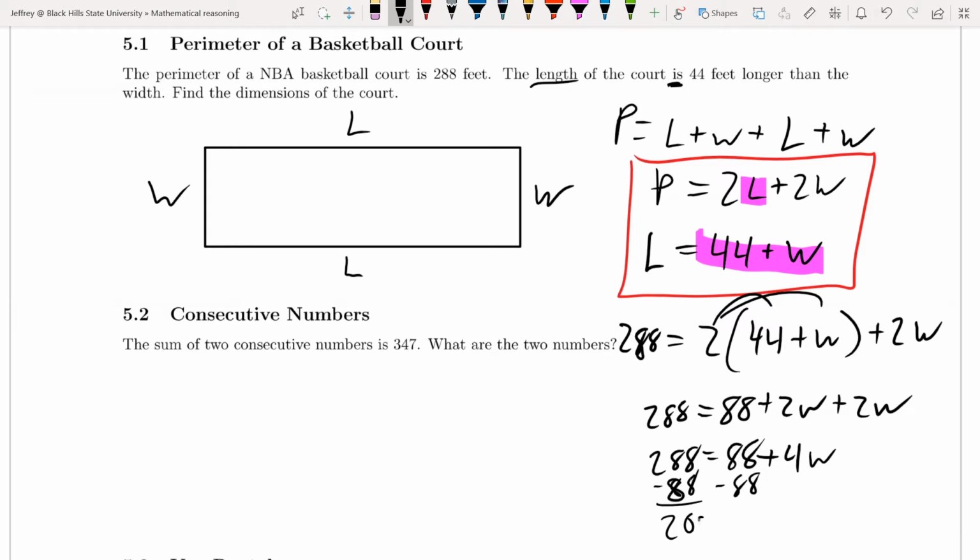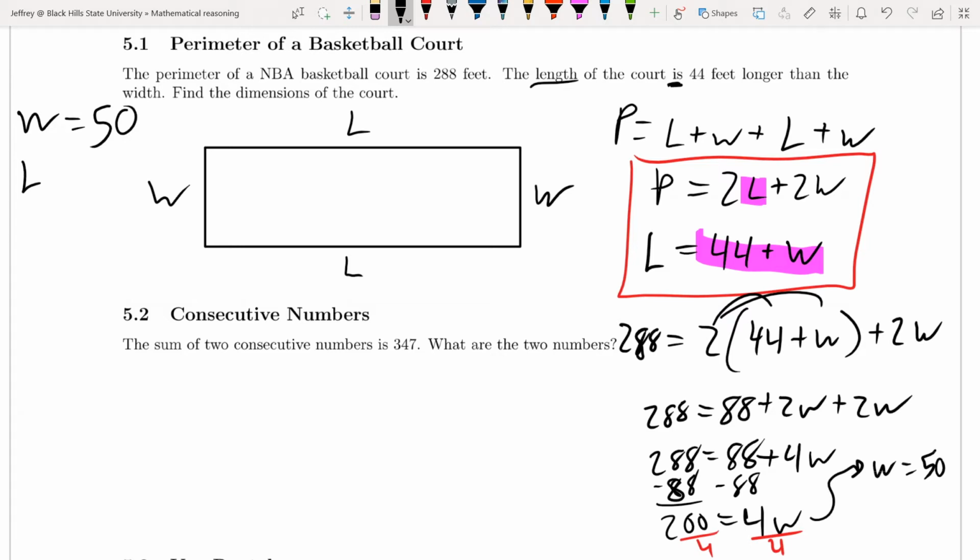So we get 200 equals 4w. And running out of room here, if I was to divide both sides by 4, I have w equals 50. So moving to the left side, we have w equals 50.